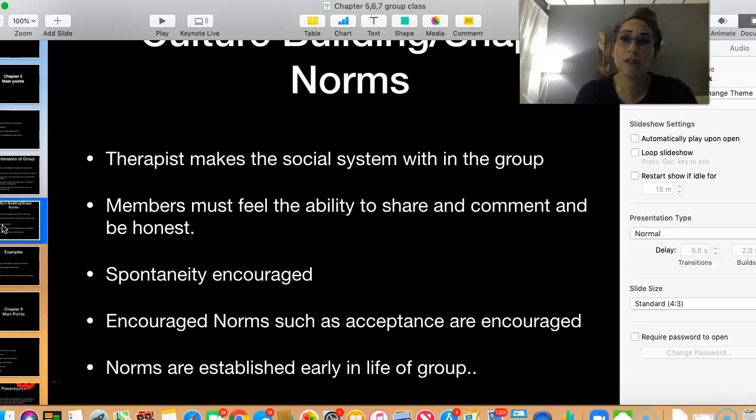We want people to feel the ability to be spontaneous. And we want these norms, whatever is created, to be encouraged and accepted. And it's established very early on. You will establish some sort of group rules. They'll probably be in your informed consent, things of that nature, which again, we'll talk about later.